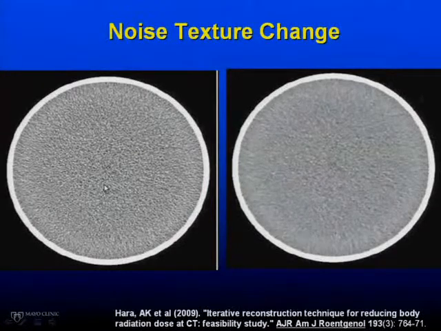On the left is the standard FBP, on the right is the ASiR reconstruction. Although the noise level is dropped, the noise texture changes dramatically. Here the image looks very pixelized, or you can call it blotchy looking. And the influence of this noise texture on the diagnostic performance is still unclear.